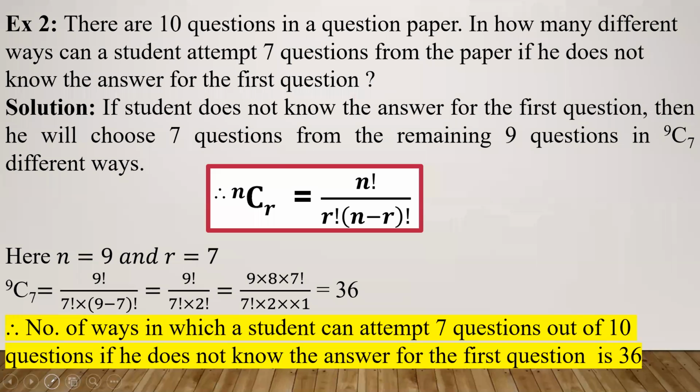Yesterday we solved this problem, but there was no condition that he does not know the answer of the first question, so the answer was straight away 10C7. If out of 10 you have to select any 7 questions, that can be done in 10C7 different ways. But here, he does not know the answer of the first question.